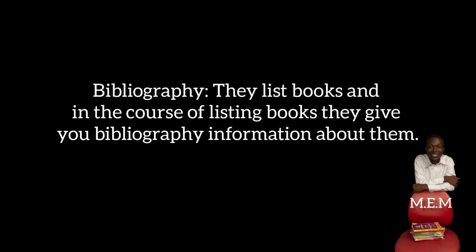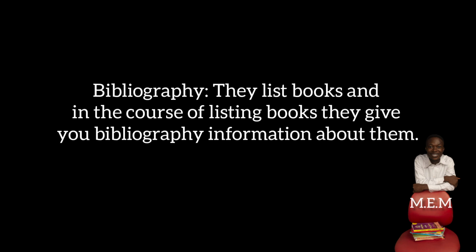Also, one of the book materials we have is the bibliography, which gives us the list and information about books. When you check maybe at the back of a book, you see a bibliography. It contains information about who published the book, who wrote the book, and what the title of the book is.